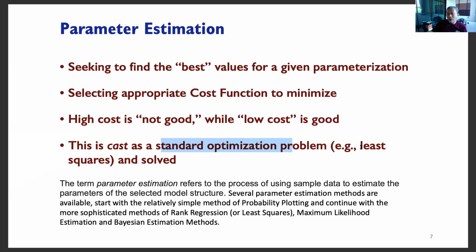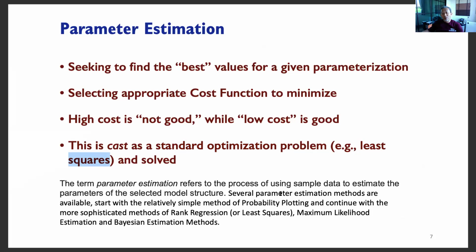The most popular one is least squares, which is always used in MATLAB as a function to estimate the coefficients of the parameters of the system. The term parameter estimation usually refers to the process of using sample data to estimate the parameters of the selected model structure.